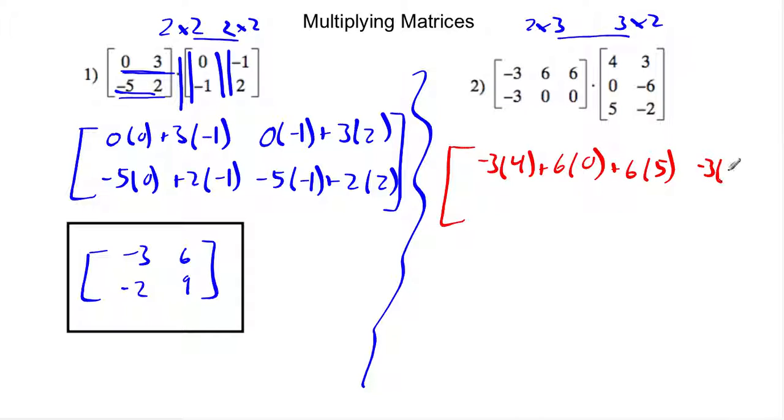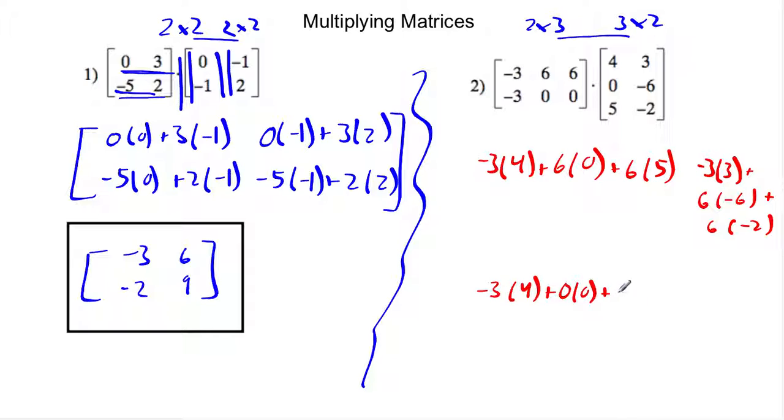Negative 3 times 3 plus 6 times negative 6 plus 6 times negative 2. So that's all the first row. And then the second row is going to be negative 3 times 4 plus 0 times 0 plus 0 times 5.